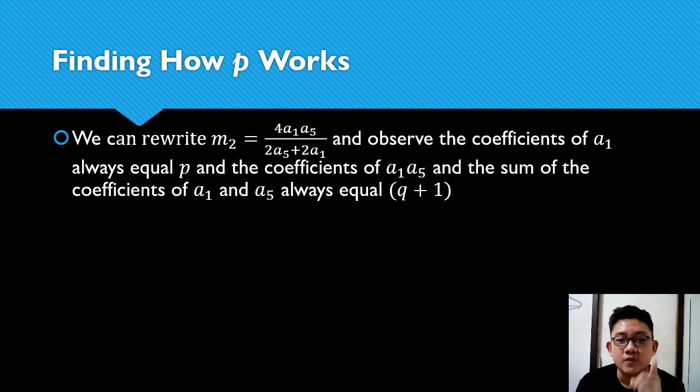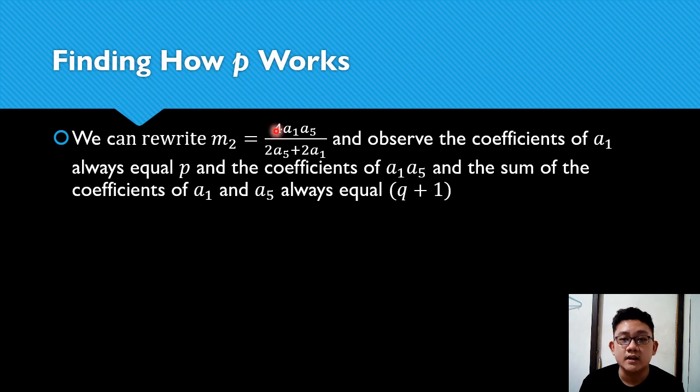Now, we can rewrite m sub 2 as equal to 4a sub 1 a sub 5 all over 2a sub 5 plus 2a sub 1, and then observe the coefficients of a sub 1 now always equal p, and the coefficient of a sub 1 a sub 5 in the numerator, and the sum of the coefficients of a sub 1 and a sub 5 in the denominator are always equal to q plus 1.